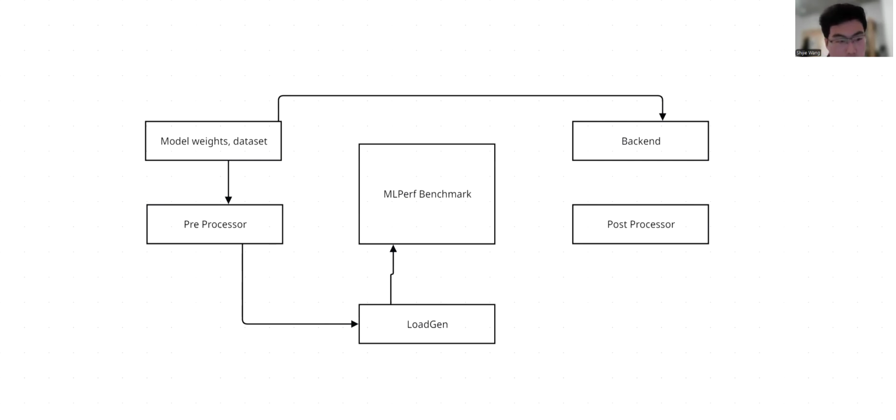The backend does the inferencing with its loaded model, and then gives the result to the post-processor. The post-processor post-processes the result and then sends it back to the benchmark. And the benchmark sends the result to the load gen. And that's when the timer stops. And then we have our inference time.